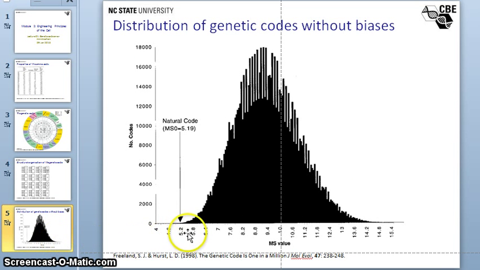When they did 1 million of these, and they scored the different polarity value, which they called the MS value in this next paper, how many different codes did they find at these different values? Well, the 1 million codes adopted this sort of distribution here, and this 5.19, if you recall, was where the natural genetic code fell.